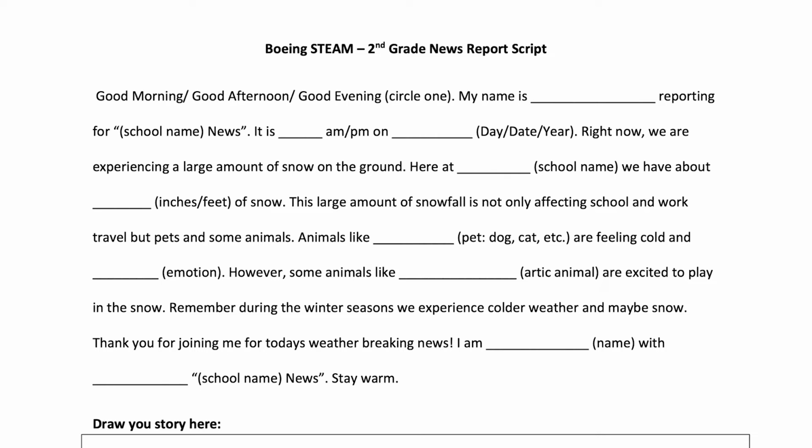Here at Oklahoma A+, we have about 2 inches of snow. The large amount of snowfall is not only affecting school and work travel, but pets and some animals. Animals like your dog or your cat are feeling cold and maybe sad. However, some animals like a whale and penguins are excited to play in the snow.